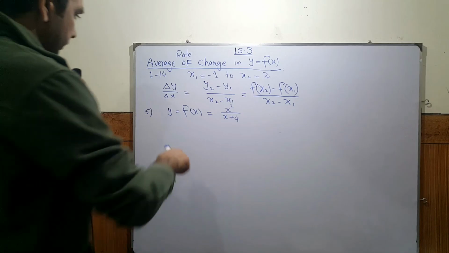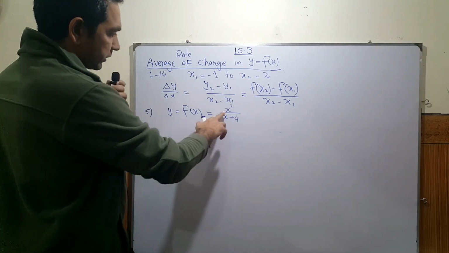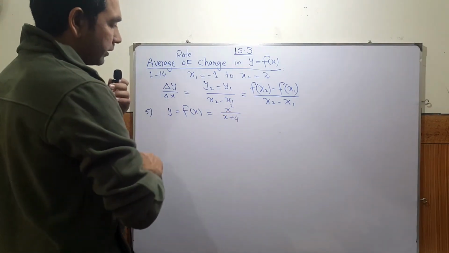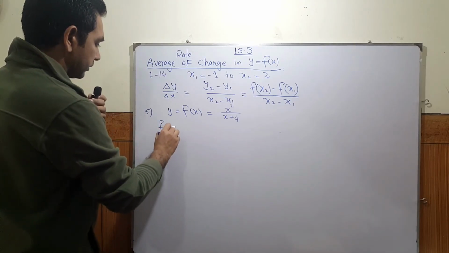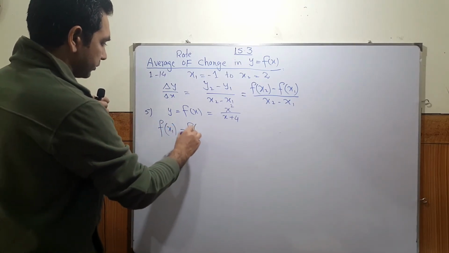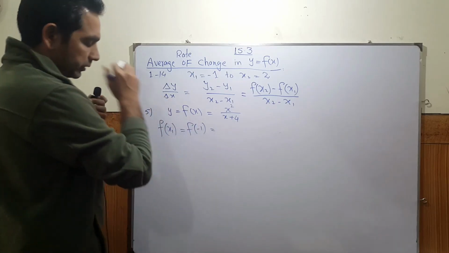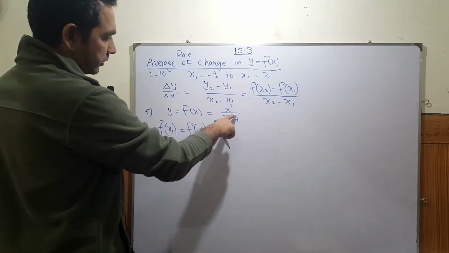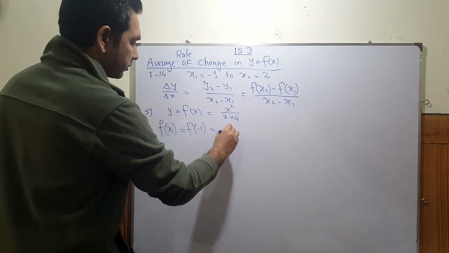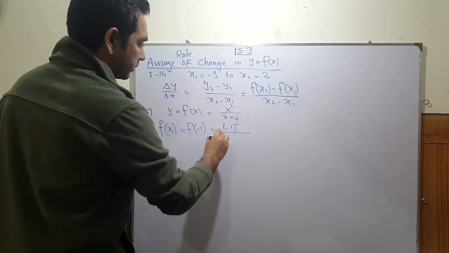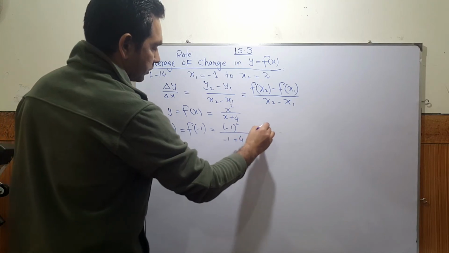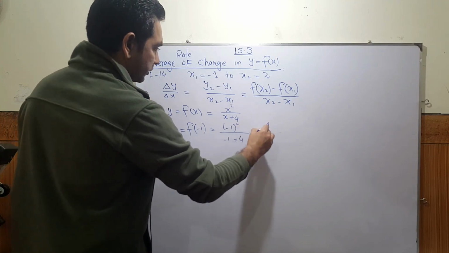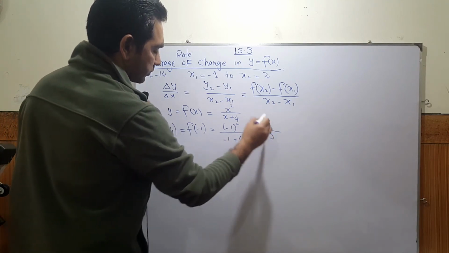Now in question number 5, the function is y equals f of x, and that is x squared divided by x plus 4. To find f of x1, that would be f of minus 1. Replace x in this function with minus 1, so minus 1 squared divided by minus 1 plus 4. The square of any number becomes positive, and the denominator gives us 3.